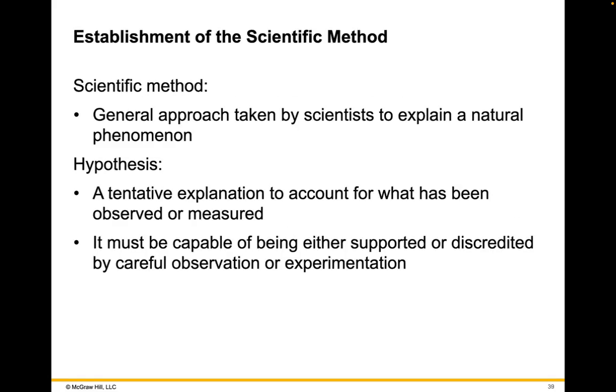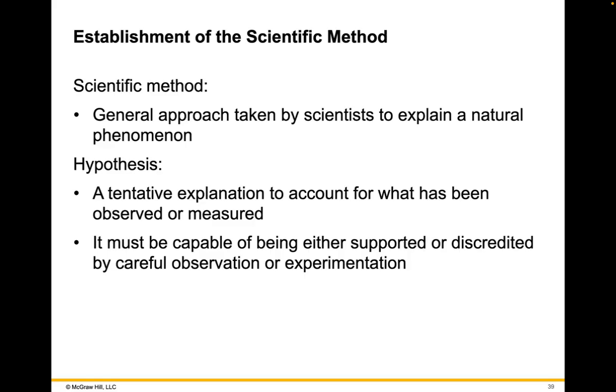We're disproving old ideas all the time. And we're using the scientific method to do that, which is this general approach taken by scientists to explain what happens in nature. Now, a hypothesis is not a guess, it's actually an explanation. So many teachers misteach the word hypothesis.